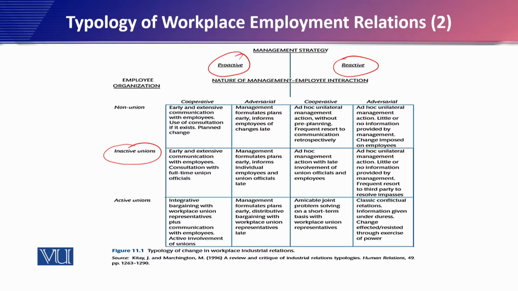So this is cooperative, this is adversarial, and this is again cooperative but reactive, and this is again adversarial. It is only understandable if we talk about them one by one.